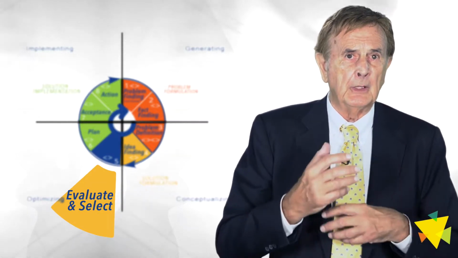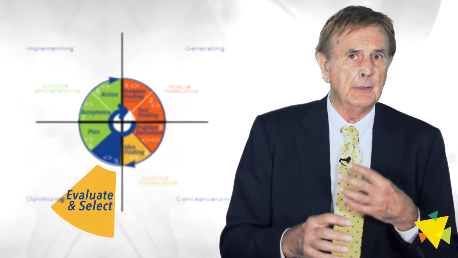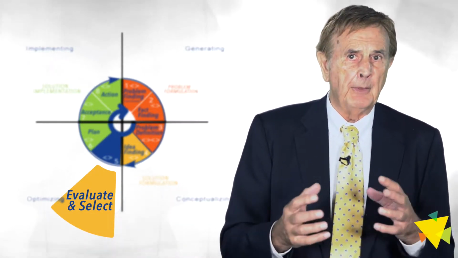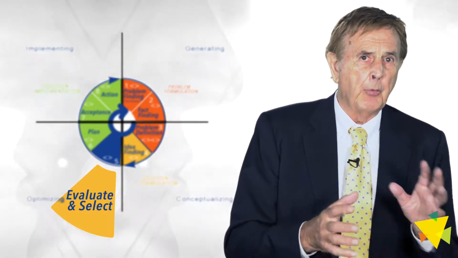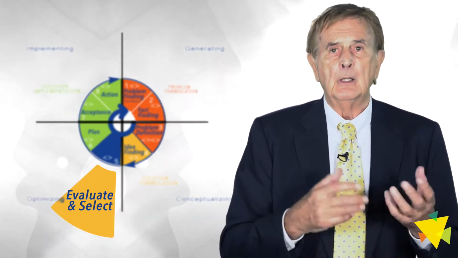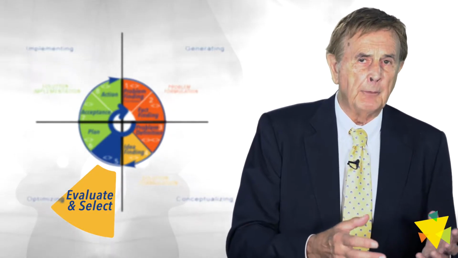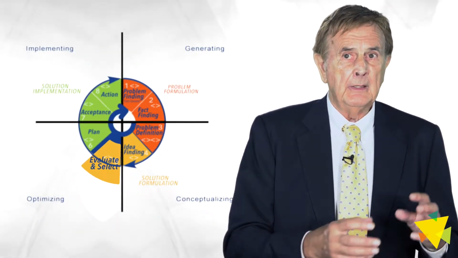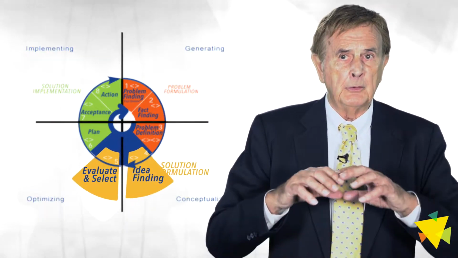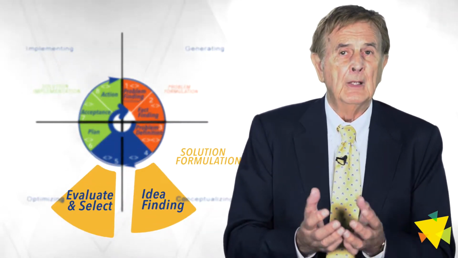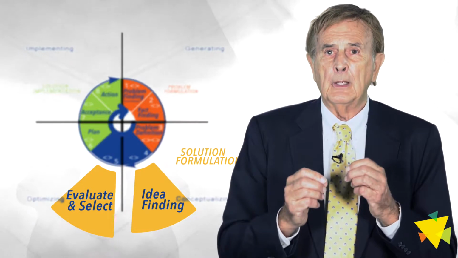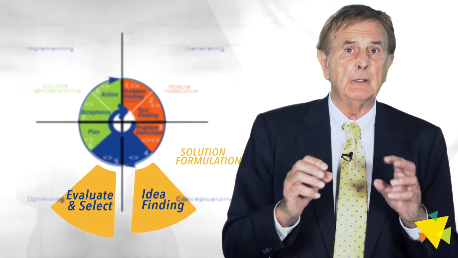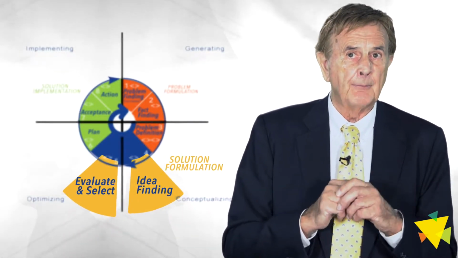So here's where we start setting up some formal criteria, talking to each other about what's really important, what criteria are we trying to meet, cost, time to implement, and we start evaluating those best bets. And we end up, out of those 2 steps, which we call solution formulation, with maybe 2, maybe 3 really, really good ideas.